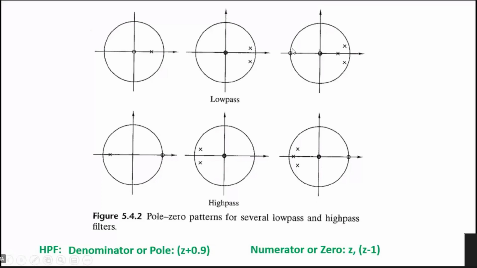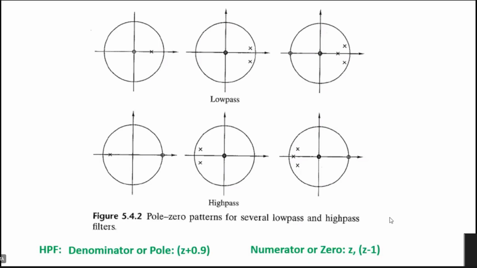This should be the zeros, because it makes the gain low at zeros, and at poles it makes the gain high. The lower one is the high pass filter Z plane, where it is just folded. That means the pole should be in the left half of the Z plane, and the zero in the right half. This we have discussed.